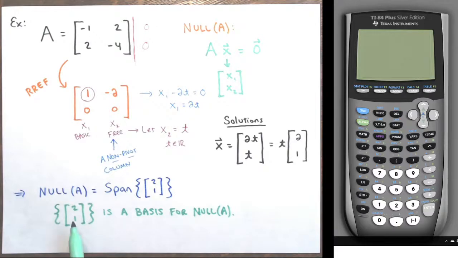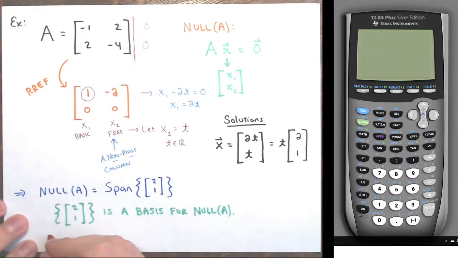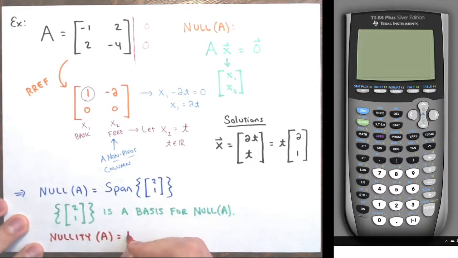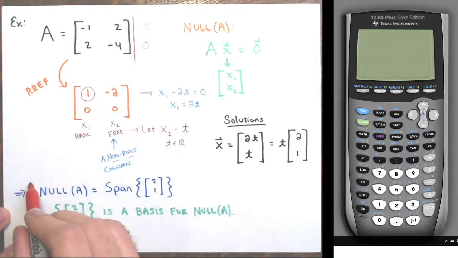So this is a basis, and this basis for the null space has one vector in it, so the nullity of A is 1. Again, this is just how many vectors are in a basis for the null space, or the dimension of the null space. That's the nullity.